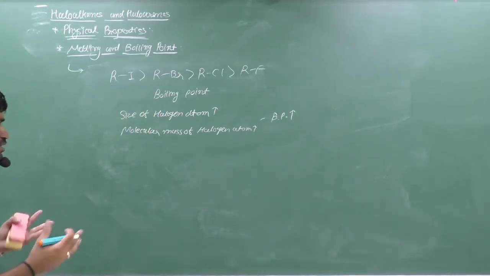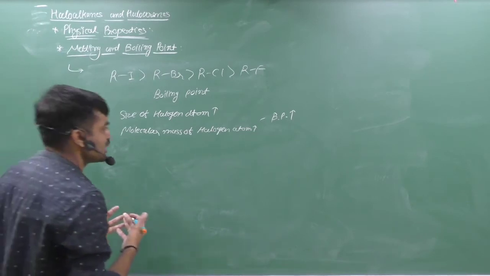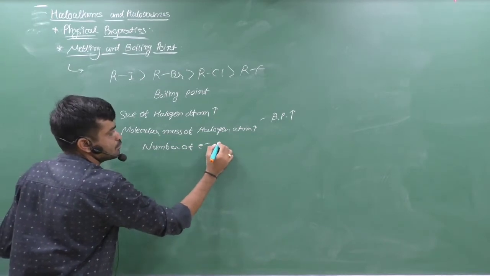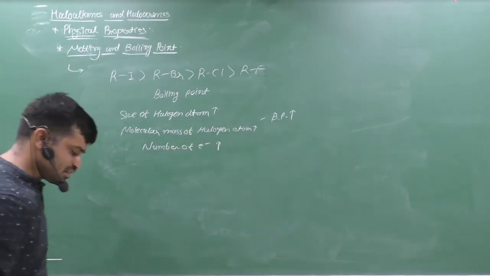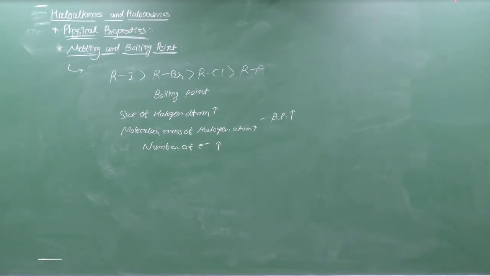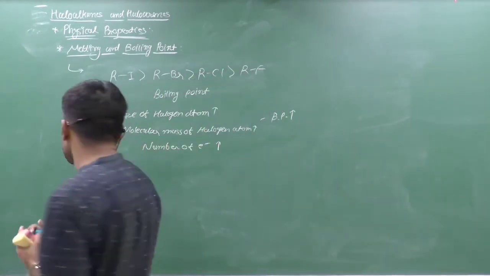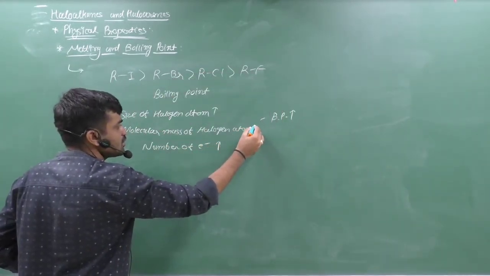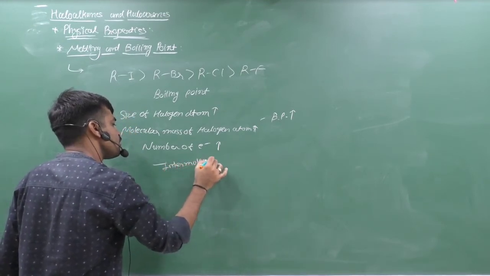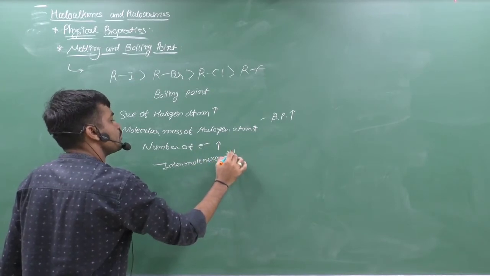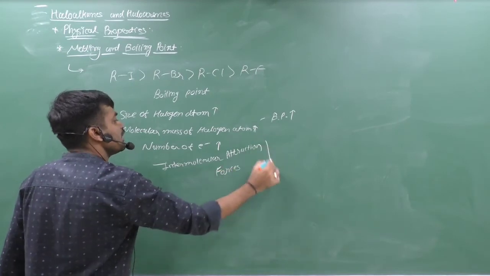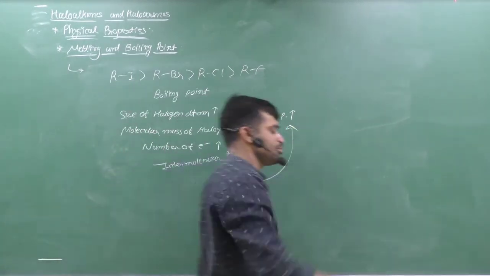Because as the size of the atom or mass of the halogen atom increases, the number of electrons increases. In the states of matter chapter, we studied that if the size of the atom or the number of electrons increases, then intermolecular attraction forces increase, and therefore the boiling point increases.